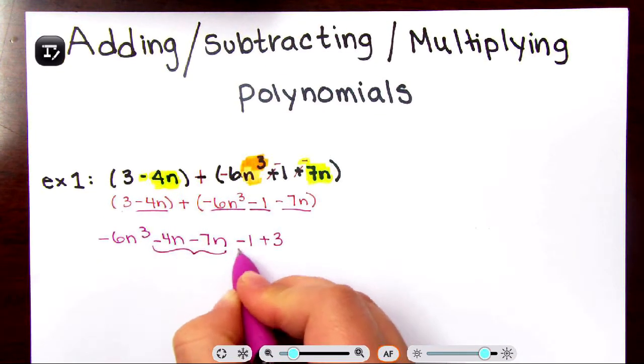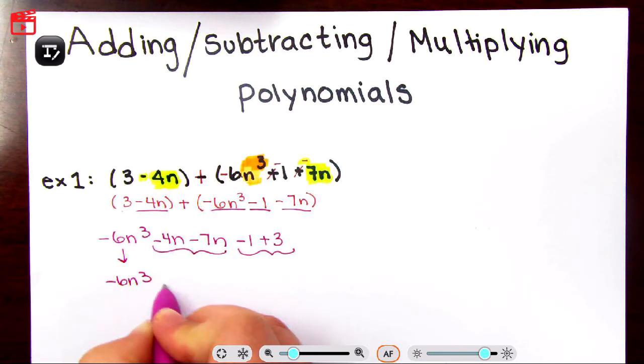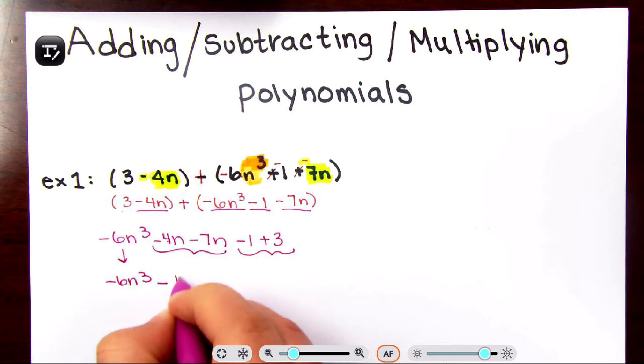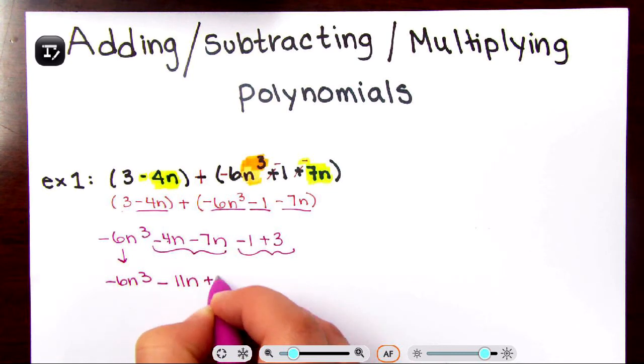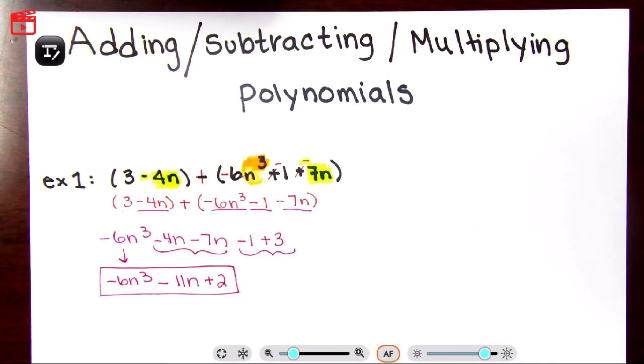These are going to be combined. These are going to be combined. I have negative 6n cubed minus 4 and 7 is 11n. And this is 3 minus 1. That is positive 2. And you're set. And you have subtracted your polynomials by converting that to addition.